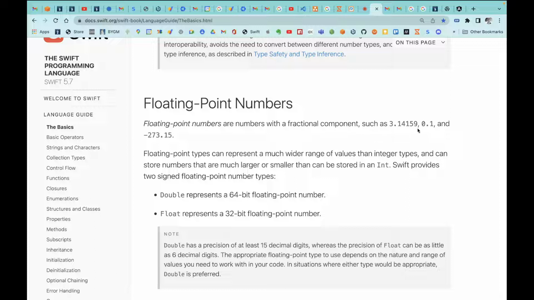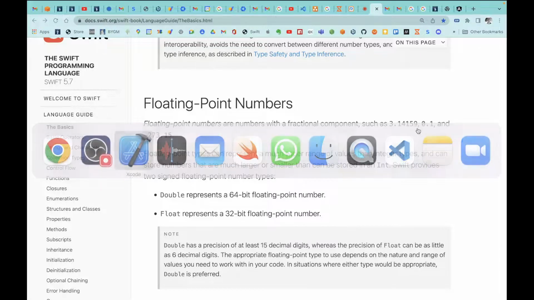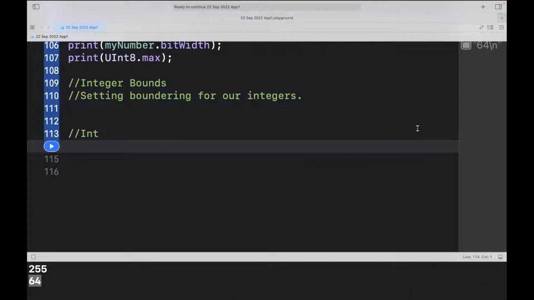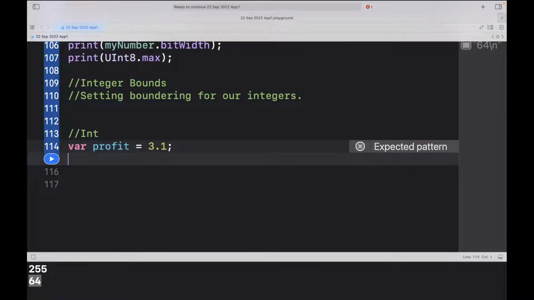Okay, so all these floating point numbers are permitted to have, for example, let's say var profit is equal to 3.1. That's a floating point number.